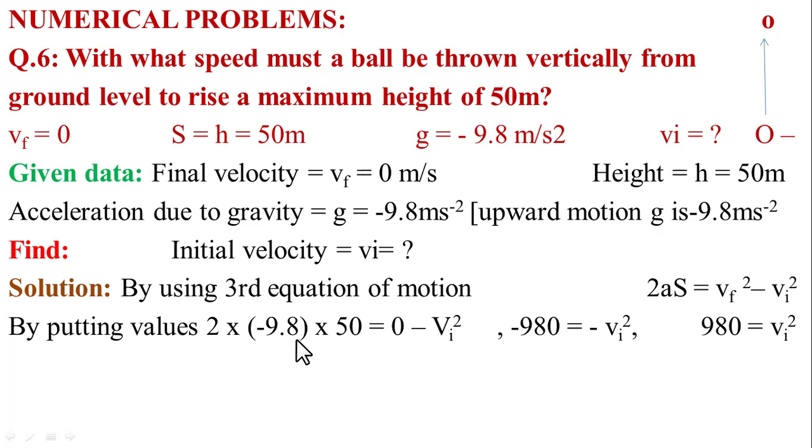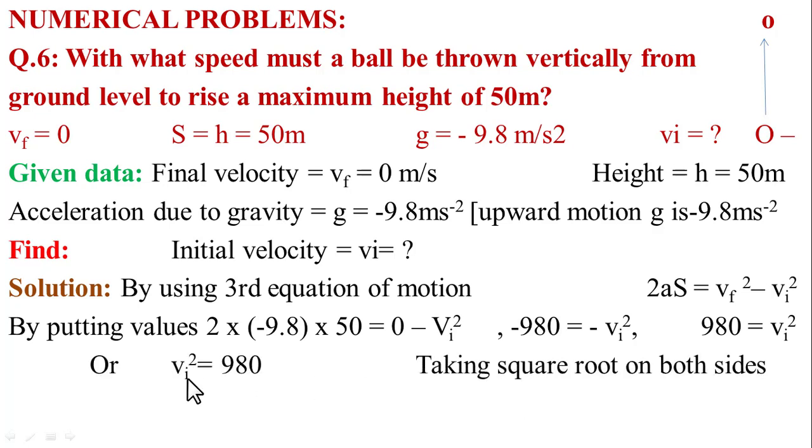Vf is 0, so Vi square is equal to 980. Taking square root on both sides, then initial velocity is equal to 31.3 meter per second.